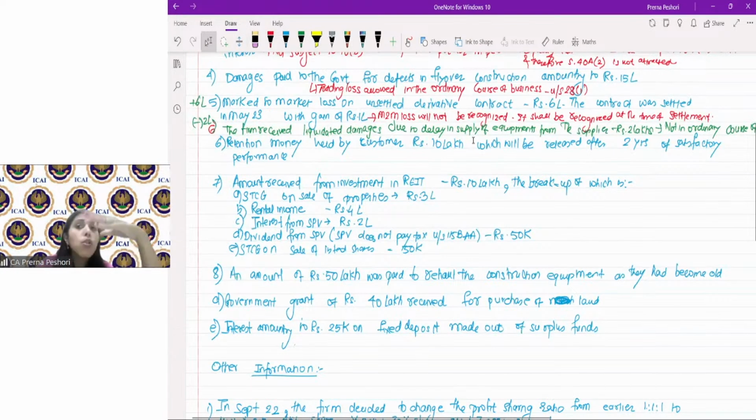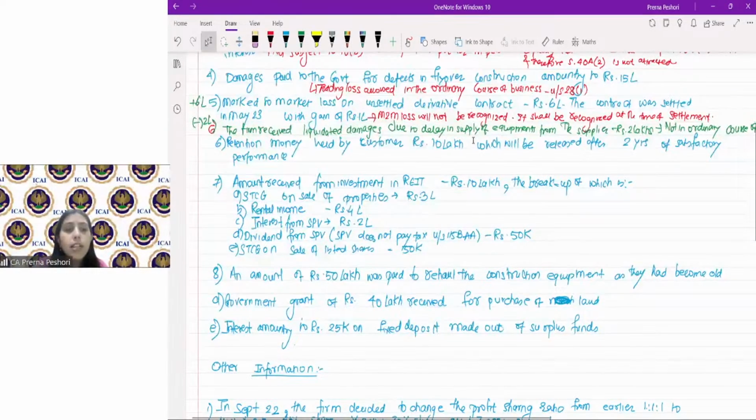However, here we are not given any information as to what percentage is completed at the moment, so how the net profit is arrived at is not given. So we'll assume that the entire revenue and cost are recognized on the percentage of completion method. So you will write a note over here.